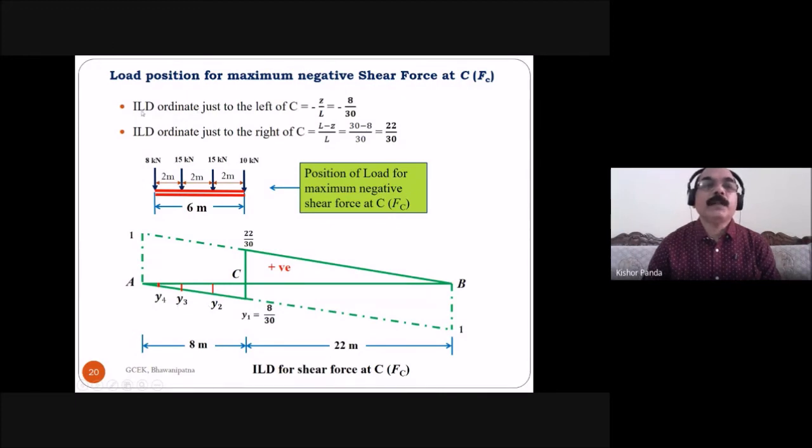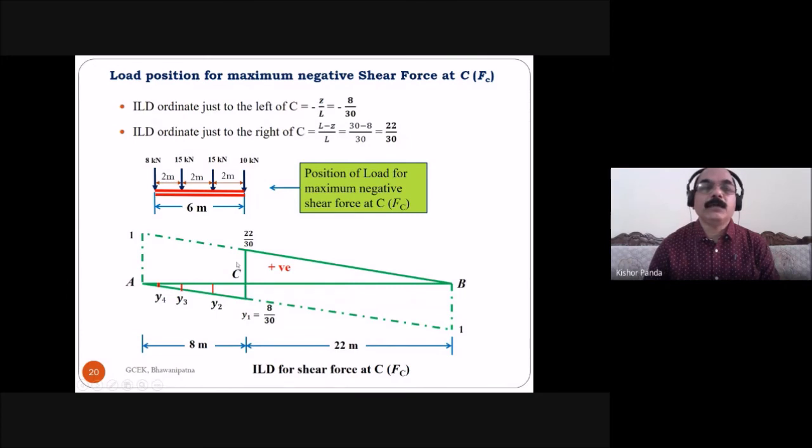So first you find out the ILD ordinate just to the left of the section C. You know this is the relation minus Z by L. This is minus 8 by 30, where Z is equal to 8 meters and L is given as 30 meters. So minus 8 by 30. So here this ordinate is 8 by 30.